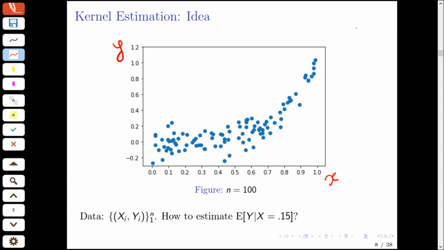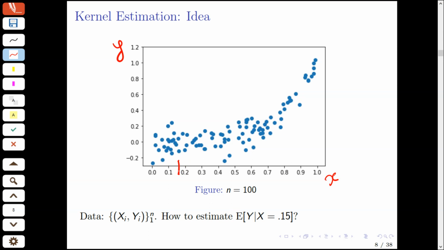Now suppose that we were given a data set containing these 100 points, and we were asked to, for whatever reason, estimate the conditional mean of y at a particular point of x, say point 0.15, or something like that.